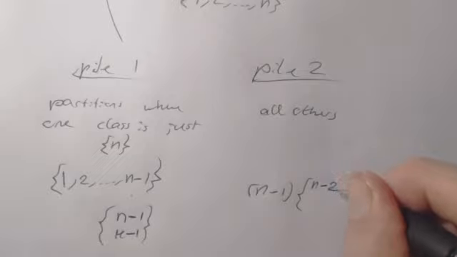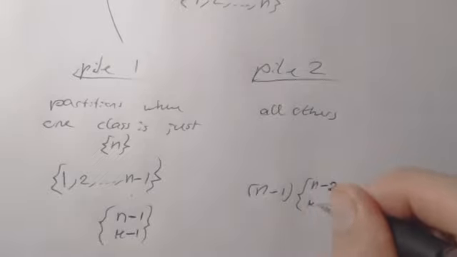So we've got n and another one, which cancels this n minus 1 factor, so there'll be n minus 2 left, and we need k minus 1 other classes, right? So it's going to be that.